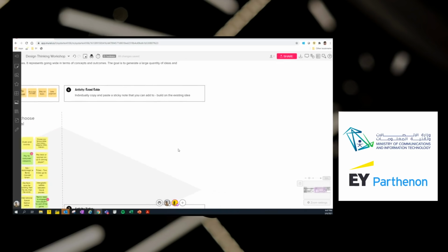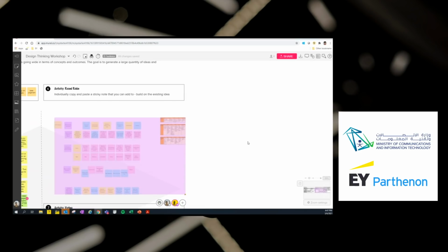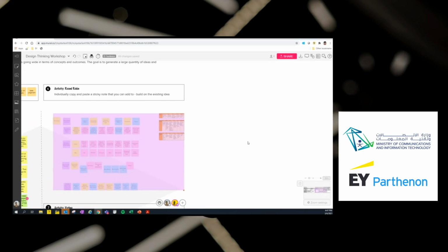We have a lot of ideas. Now what we need to do is focus those ideas down to be more concentrated onto a specific design that we'll then prototype and evaluate later. So we went through this exercise called round robin.